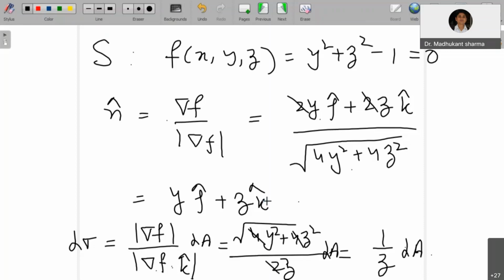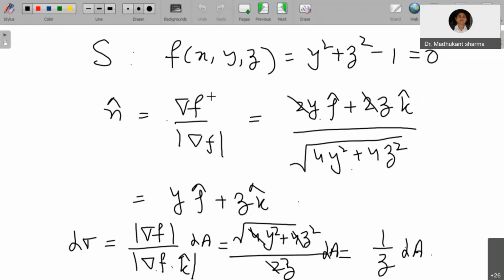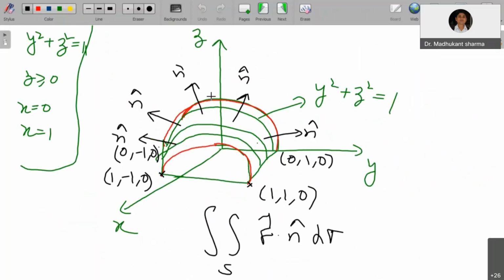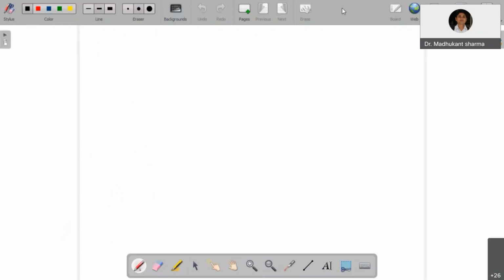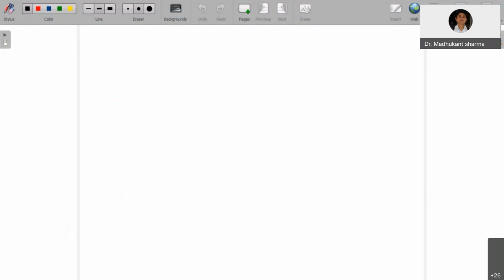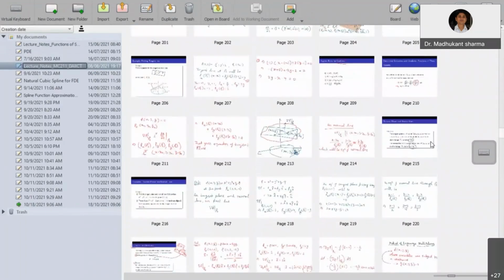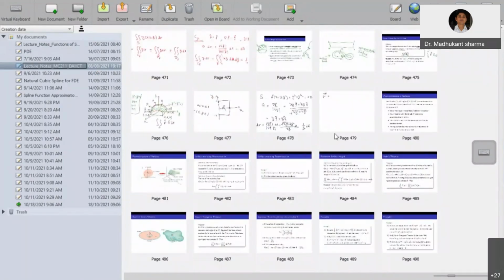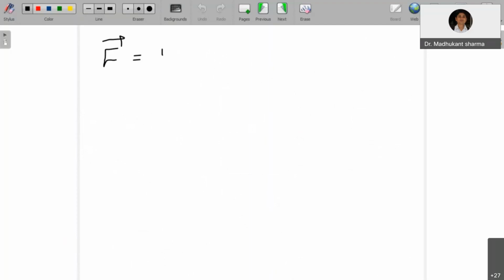Okay, now what is n cap? F is also given: F is equal to yz i plus z² k. So F dot n cap is required, right?